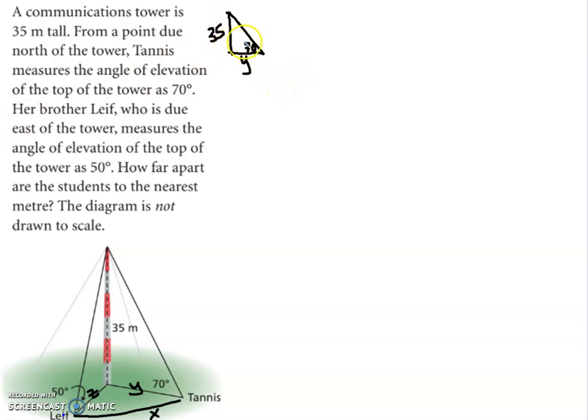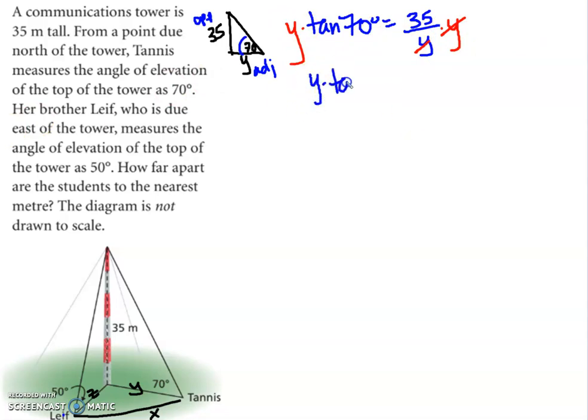So let's name what we have. We have the opposite, and we're looking for the adjacent. So that's tan, TOA. So the tan of 70 degrees is the opposite divided by the adjacent. So I'm going to multiply both sides by y to get y into the numerator, and then to isolate y, I'm going to divide both sides by tan of 70 degrees.